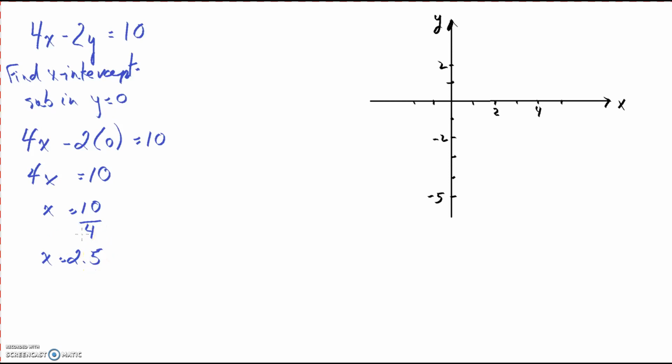Okay, that means x equals 2.5 goes with a y value of 0. So a point on our line is 2.5, 0. And we go over to our graph and let's put that point on the line. 2.5, 0. Great.